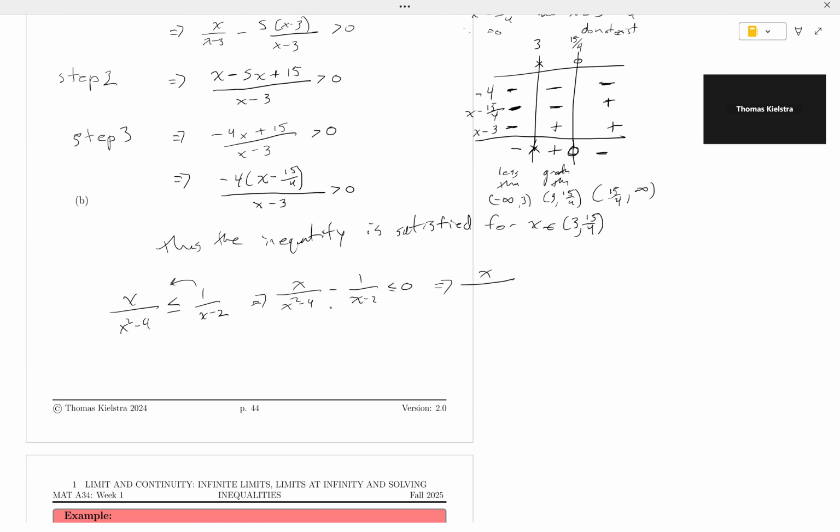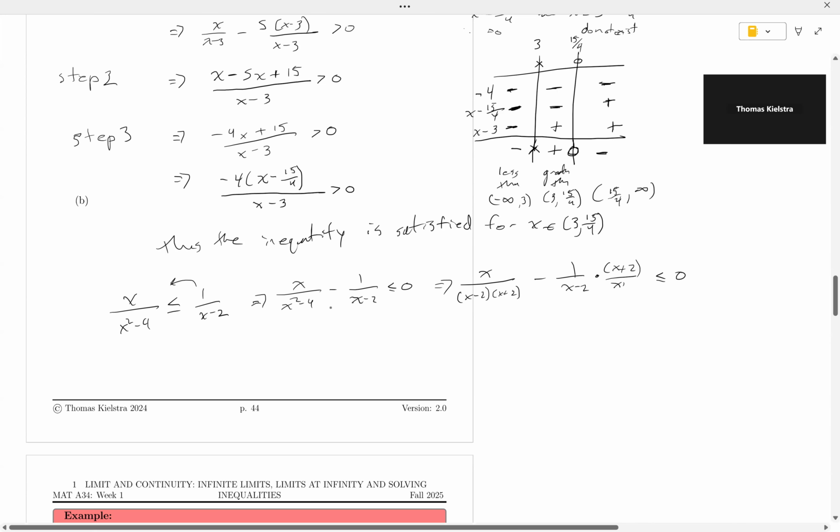To make my analysis a little bit easier, I'll factor the bottom: x over x minus 2, x plus 2, minus 1 over x minus 2 is less than or equal to 0. And here, I need to make the denominators match to create a common denominator. So x plus 2 over x plus 2.